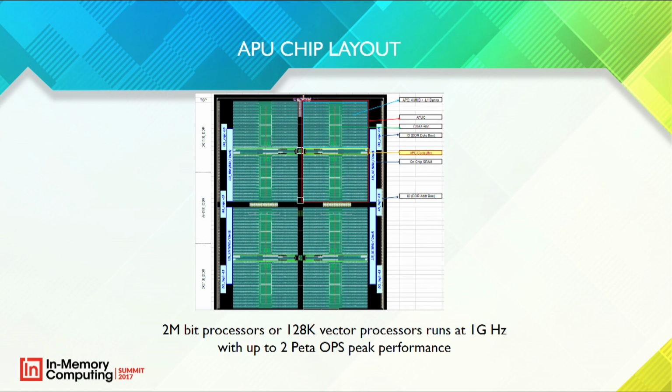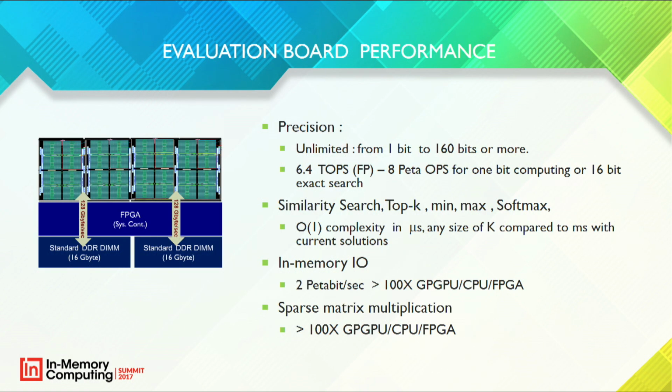This memory can do floating point operations and can do search, so all is based on memory. What is in the middle is just some ECC checking, control signals, etc. But all of this circuit is standard SRAM cells that can do similarity search, non-similarity search, and any type of compute inside. The same circuit can do all this based on the programming. Later we will talk about how easily it can be programmed.